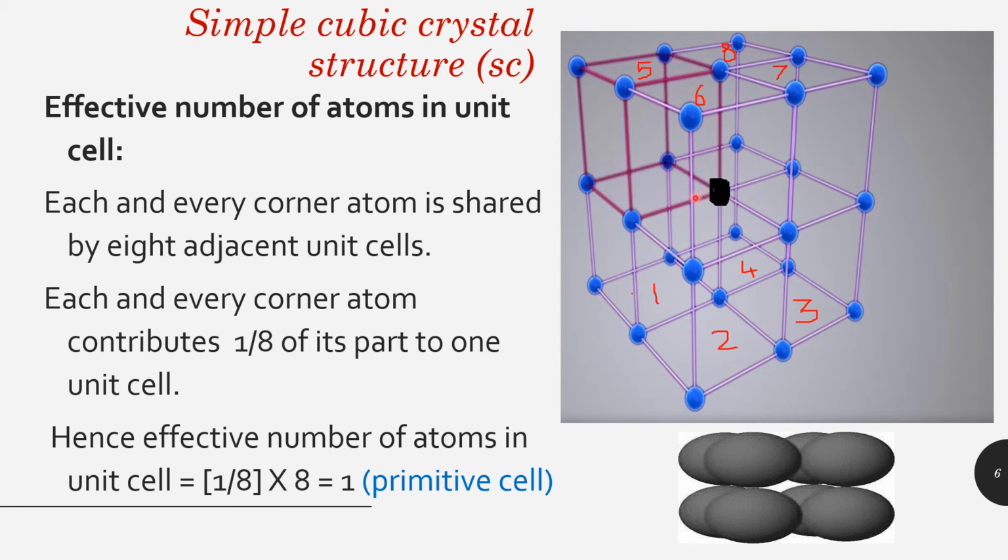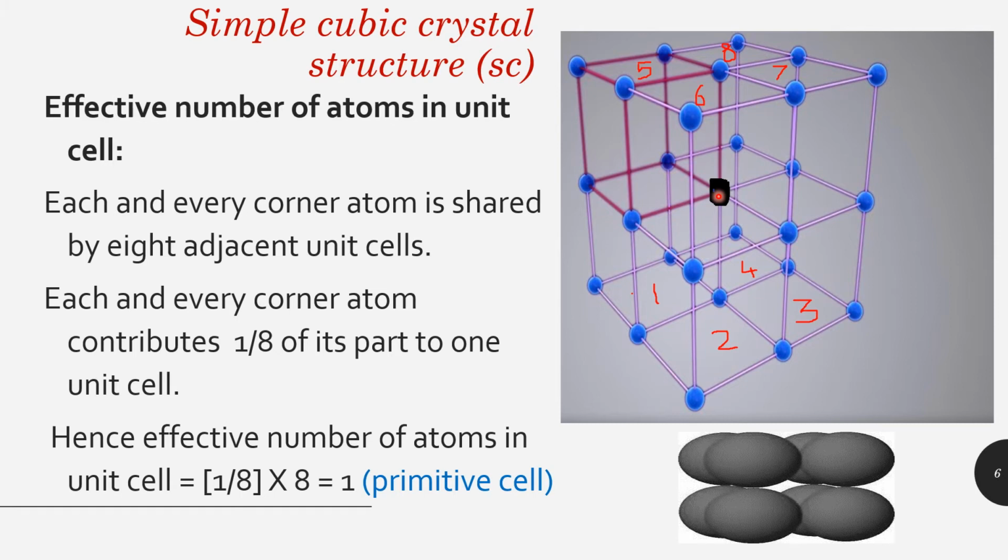On the bottom floor, it is shared by this unit cell, 1, then second, third and fourth. Same way it is shared by the unit cells on the top floor: this is the fifth one, sixth, seventh and the eighth. So this corner atom is being shared by 8 unit cells.